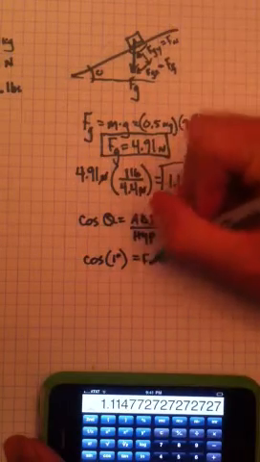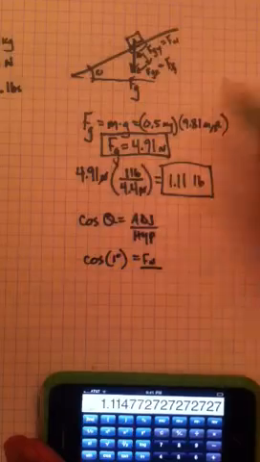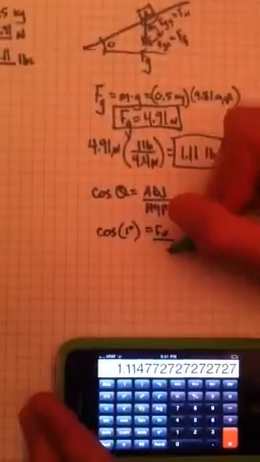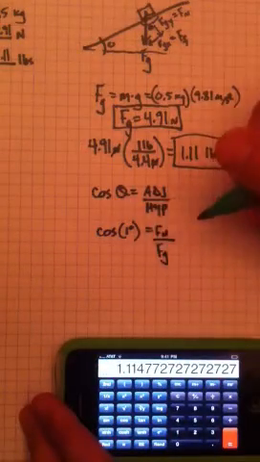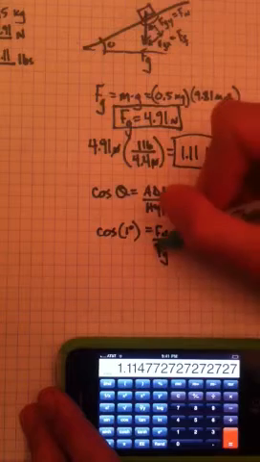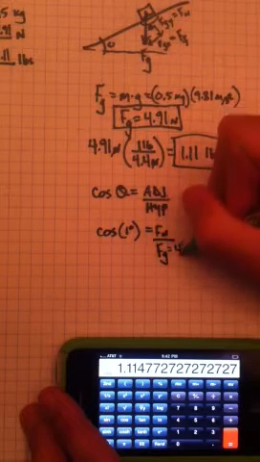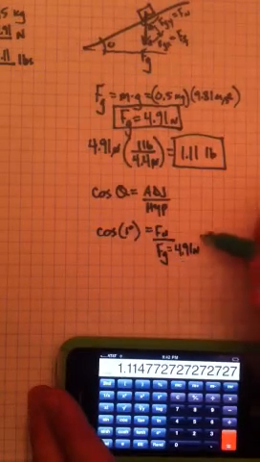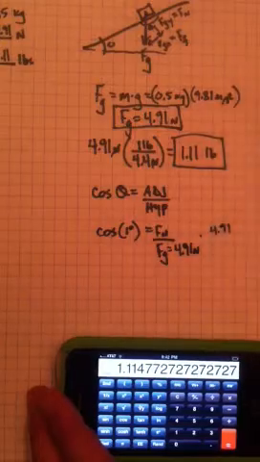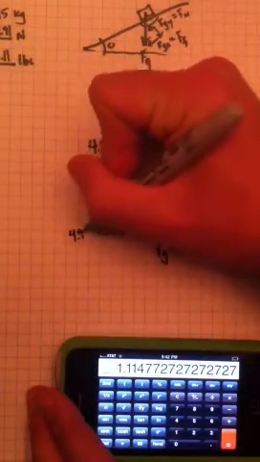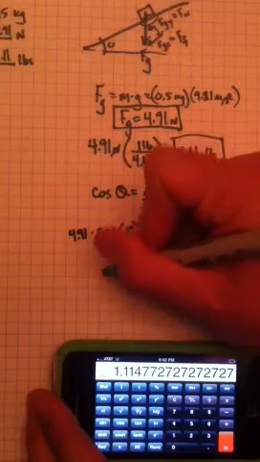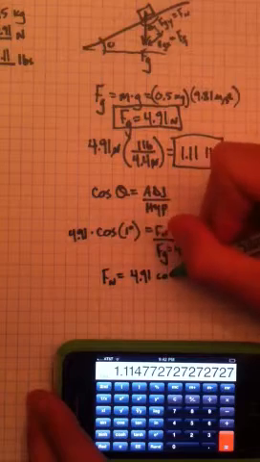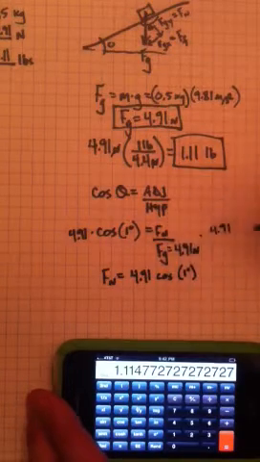That's going to be our normal force divided by the hypotenuse, which in this case is the force of gravity. So the force of gravity, which we've calculated, is 4.91 newtons. So now, algebraically, we're going to multiply this side by 4.91, and what you do to one side, you got to do the other. So we have the equation, the normal force is equal to 4.91 cosine of 1 degree.